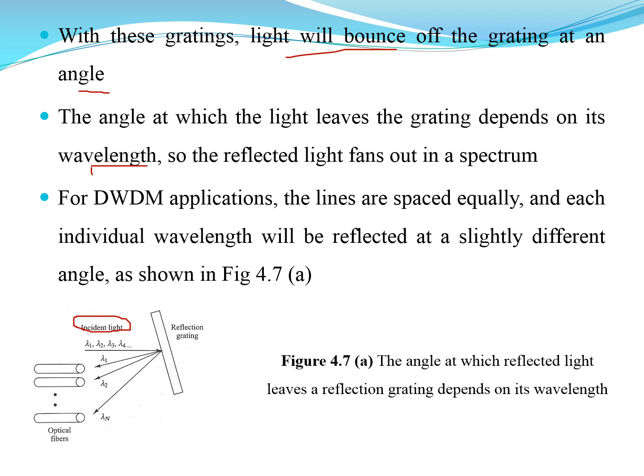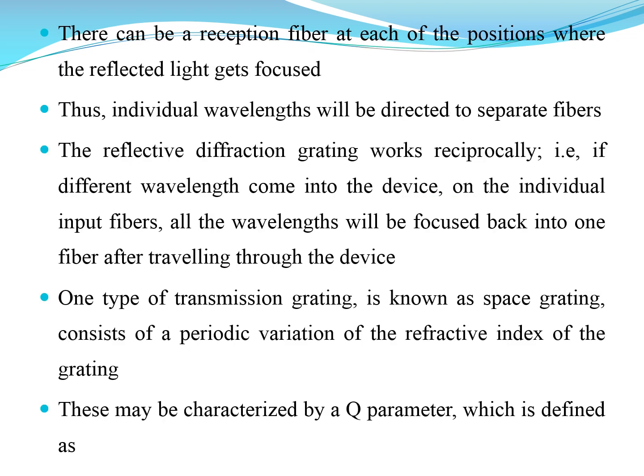It is normally used in dense wavelength division multiplexing applications, wherein the lines are spaced equally and each individual wavelength will be reflected at a slightly different angle. So you see here they are reflected at slightly different angles, and there can be a reception fiber at each of the positions.